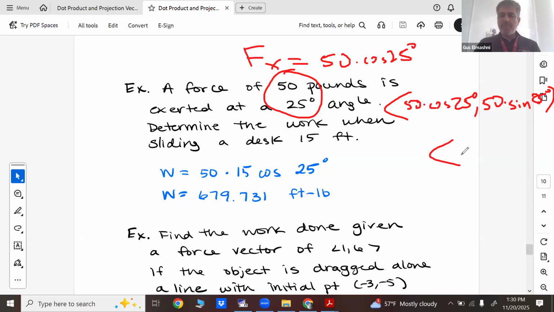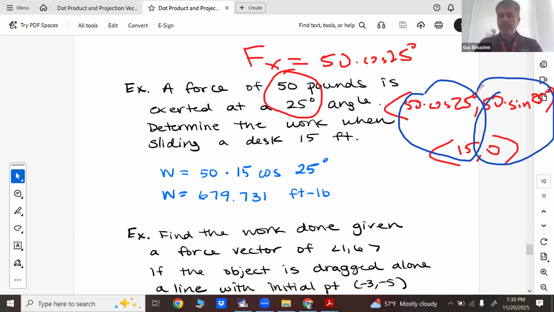And then the distance is pure horizontal, 15 comma 0. So if you think about it, I'm really just multiplying these two together. And of course I could do that as well. But this is 0, so it doesn't matter. It's just going to cancel with this.